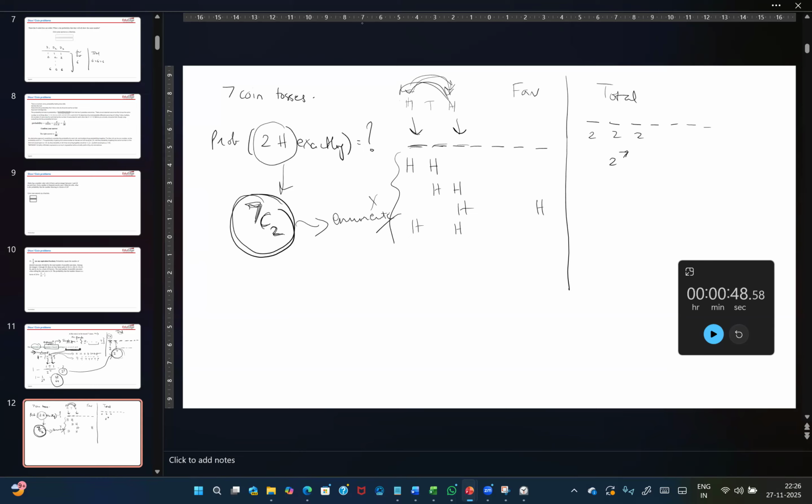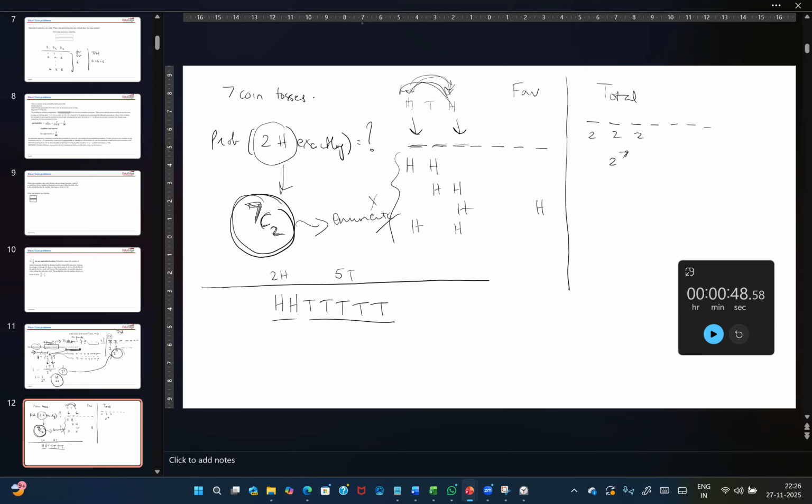See, now again, this is a different way. Another way of doing this, which might be easier for you to understand: suppose there are two heads, and they can come anywhere. How many heads are there? Two heads. And how many tails are there?